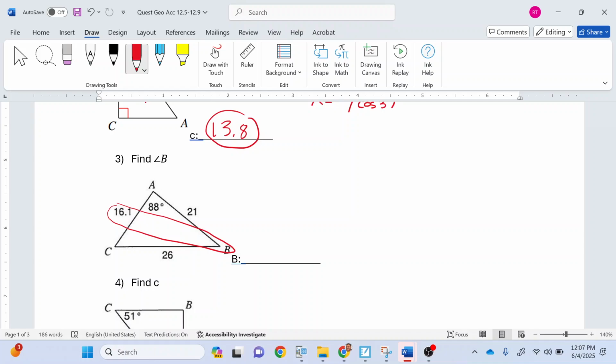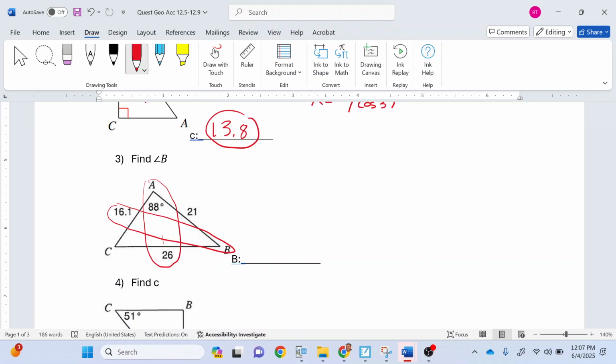This is how I'm going to think about it. When I have a matching pair of angle and side, so in this case I have A and its opposite side, I could use law of sines.